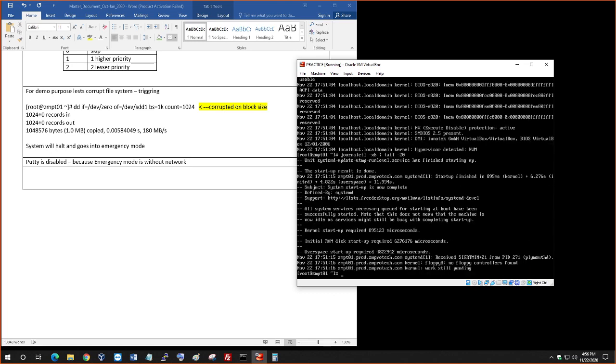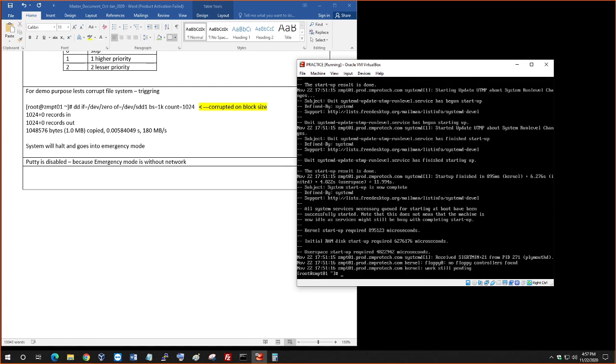Aha. Let's see what happened here. User start all system services necessary. So we don't have enough information here. I'm going to say top 40 lines. So it showed me 40 lines here. It's not enough, I think. Let's do 30.